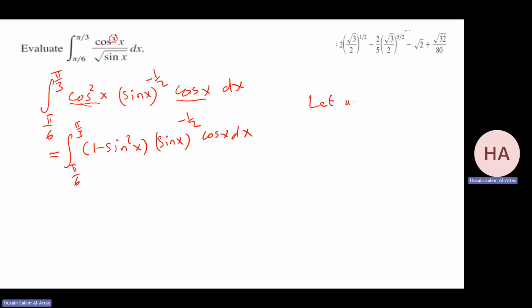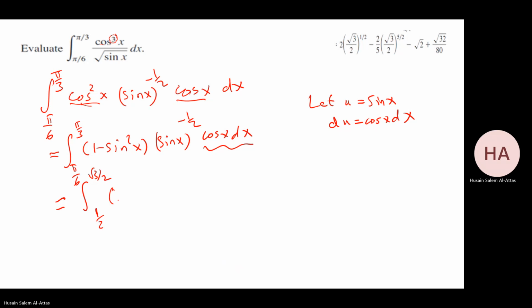Now let u equal sine x. du will be what? It will be cosine x dx. So this is my du, which I made. Okay, so now I change the limits of integration. Sine of pi over 6 is half, and sine of pi over 3 is square root 3 over 2. Okay, and that will be the integral of 1 minus u square, u to the power minus half, du.